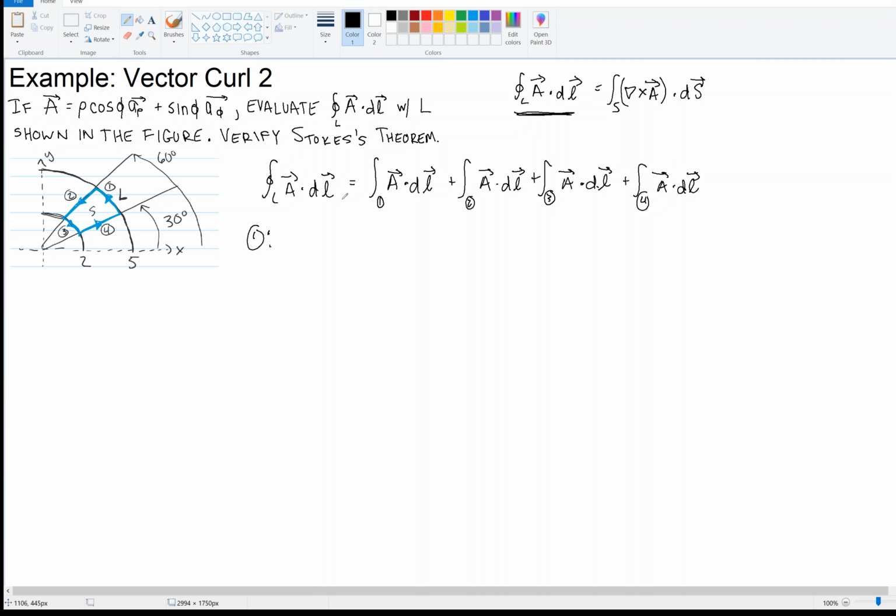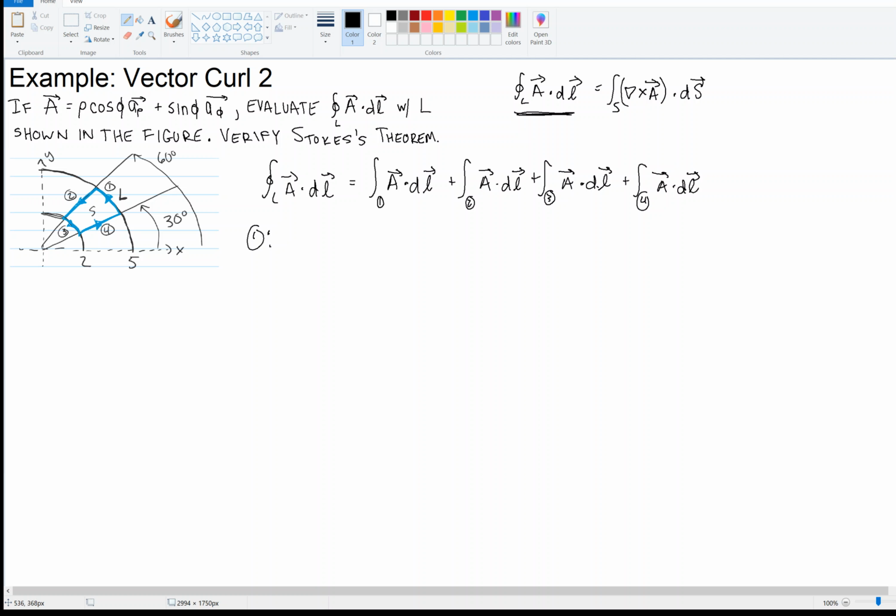When you integrate, the key is to ask yourself what is changing as I go along that path, or along the volume, or along the surface area. So what's changing along this path? Rho is not changing because rho is constant at 5. And it's not z because we're in the xy plane, so what is changing is the angle. The angle changes from 30 degrees or pi over 6 to 60 degrees or pi over 3.